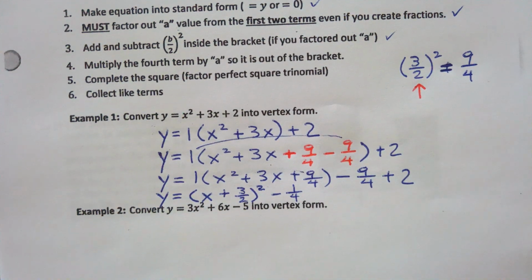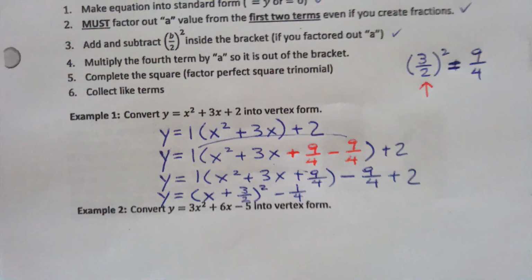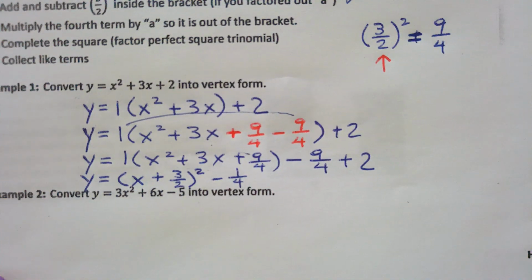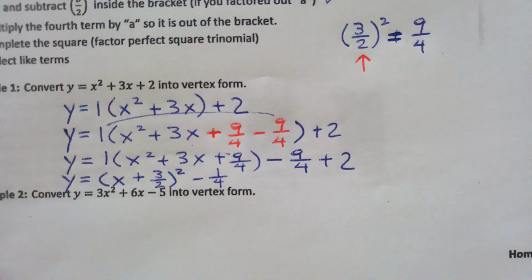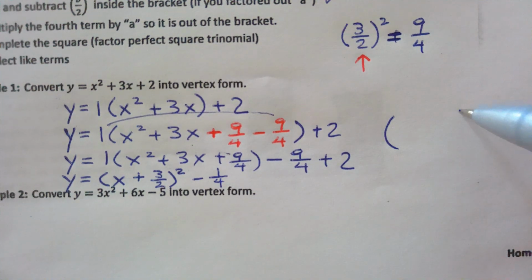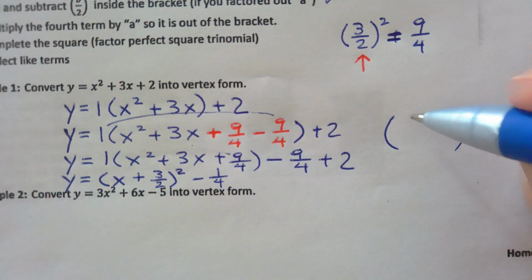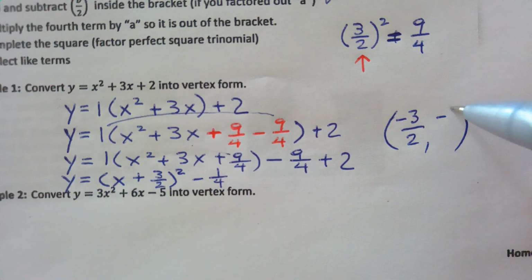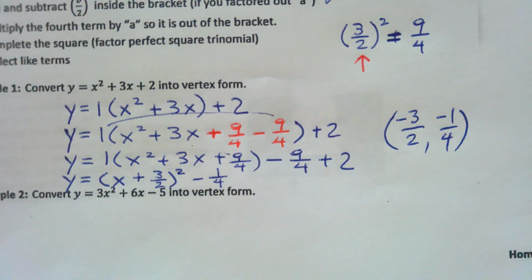Keep fraction. Okay, and so is this in vertex form now? Yes. What is my vertex? Negative 3 over 2 and negative 1 over 4. That's right. William, why did we change the 3 over 2 to always square it?